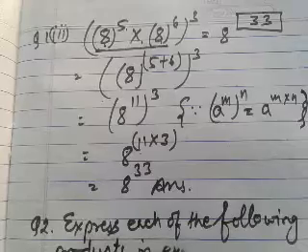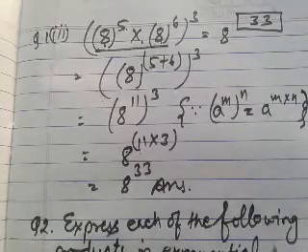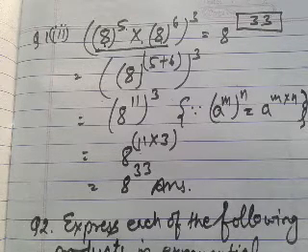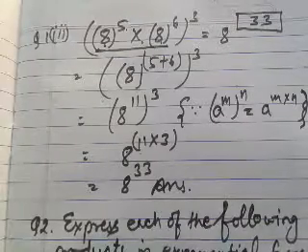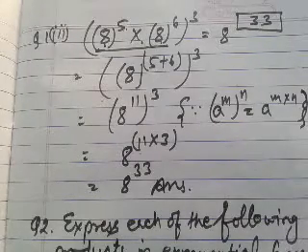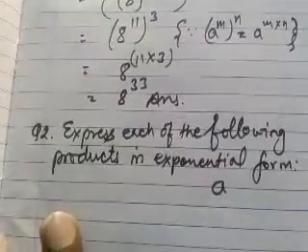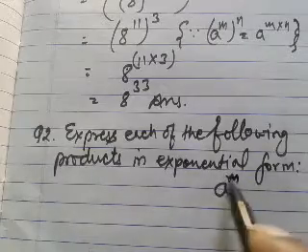Exponential form means some base raised to the power something. Suppose a number is expressed as a base raised to a power like this. This is exponential form.